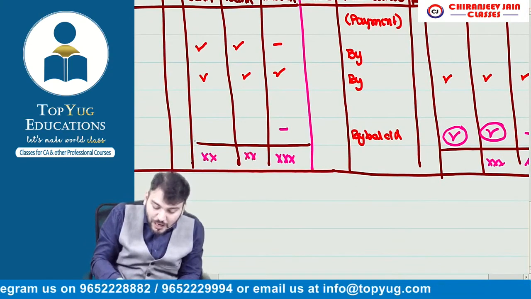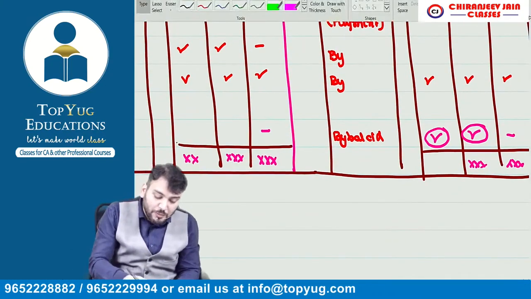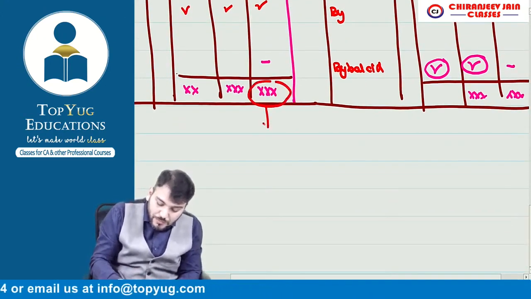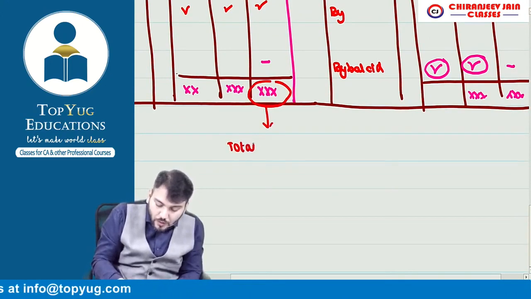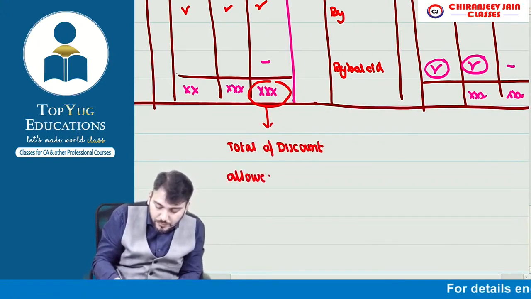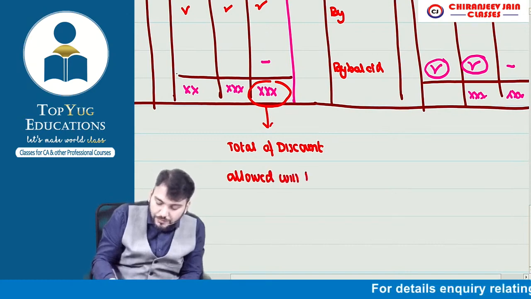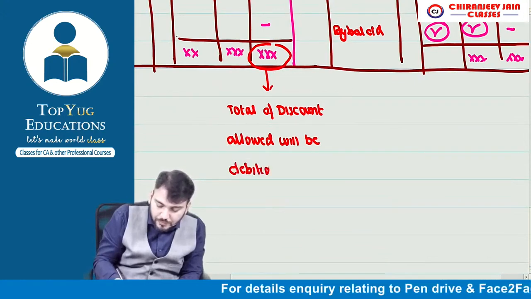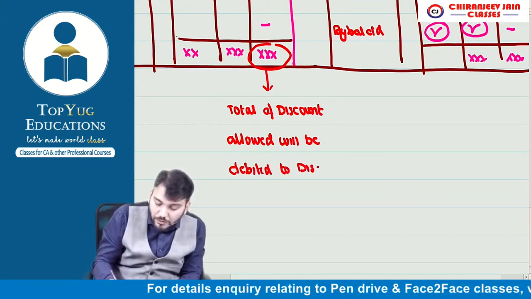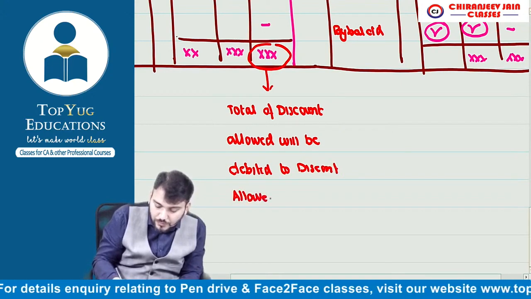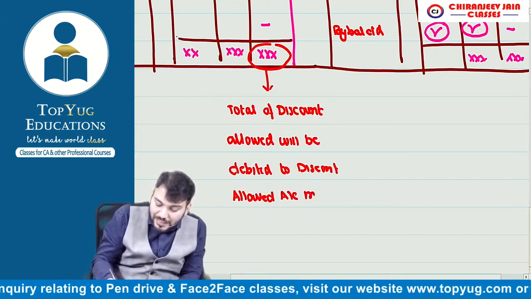So what do you do with the discount column? You total it. The discount column will be totaled, and the total of discount allowed will be debited to discount allowed account in the ledger.